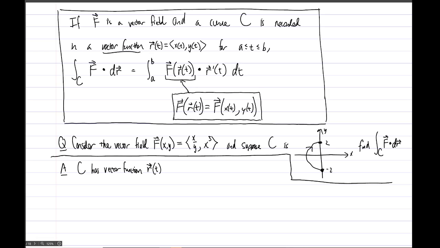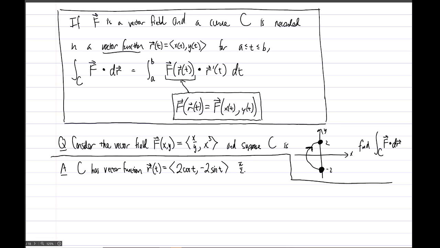So r of t equals, how about we keep the x stuff as usual, 2 cosine of t, but due to the fact that you have a flipping of direction, let's just negate y and have -2 sine of t, with t from pi over 2 to 3 pi over 2, and the flip will make it all work out.